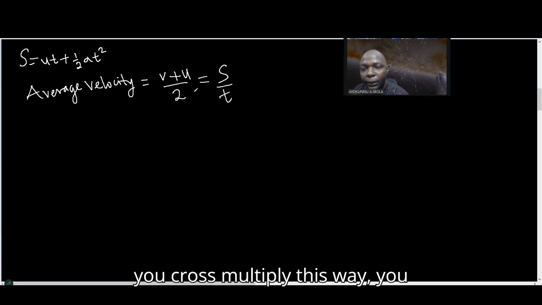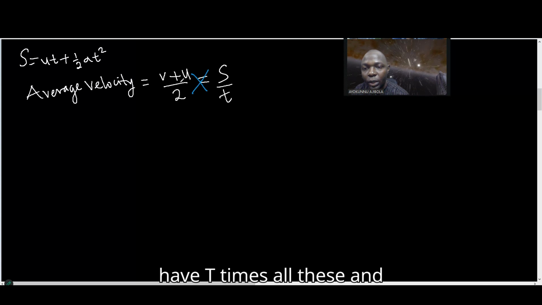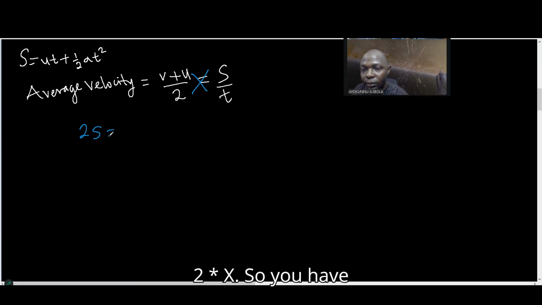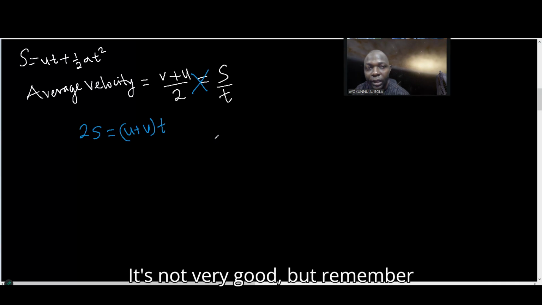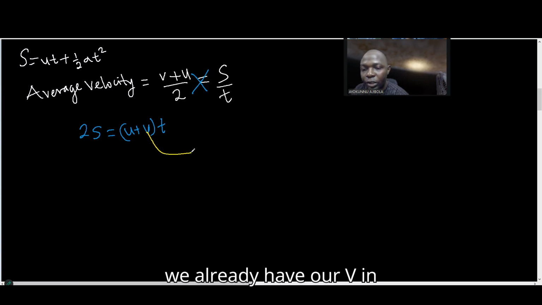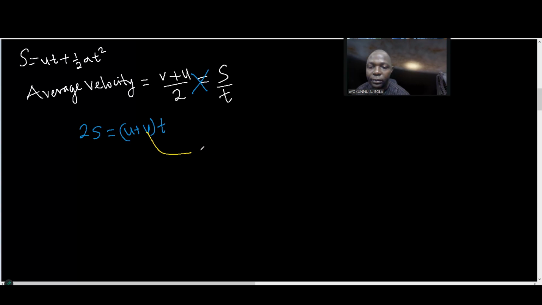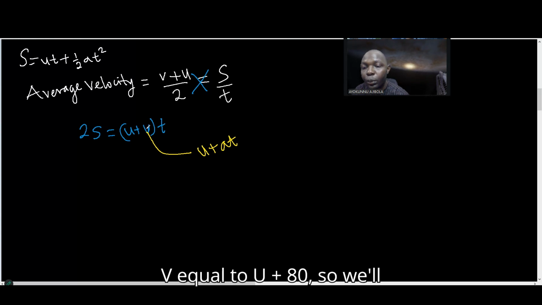You have t times all these and 2 times s, so you have 2s equal to u plus v times t. But we already have our v in equation 1 as u plus at, so we'll plug it in there.